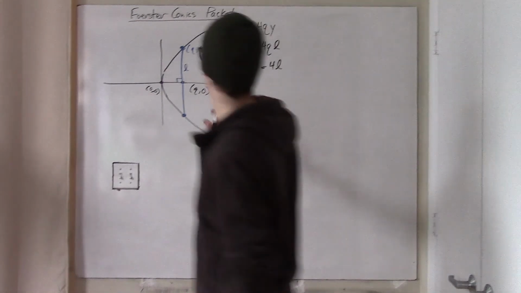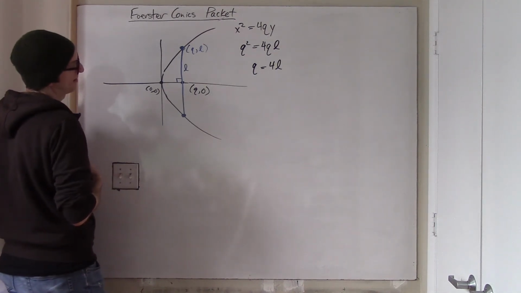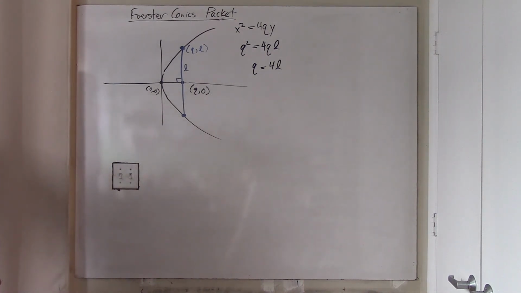Oh, that's because this point is not... That's point Q comma 0. That's point Q, L. Wait, I'm making some kind of really stupid, horrific mistake, but I can't find it. So embarrassing. What the hell?